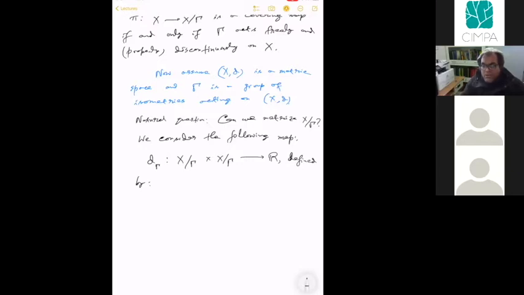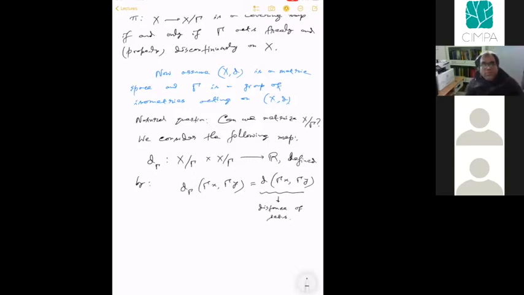You take two orbits and define it to be the distance between the orbits. This is the distance of sets.